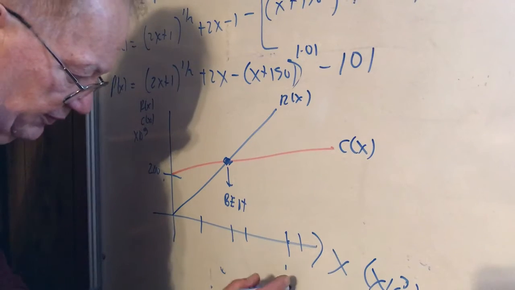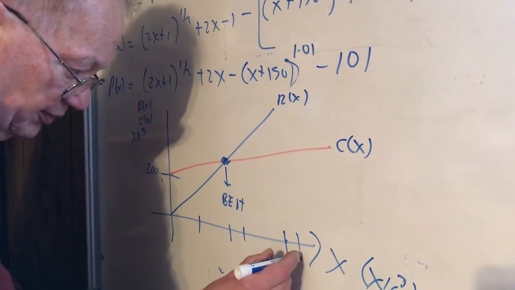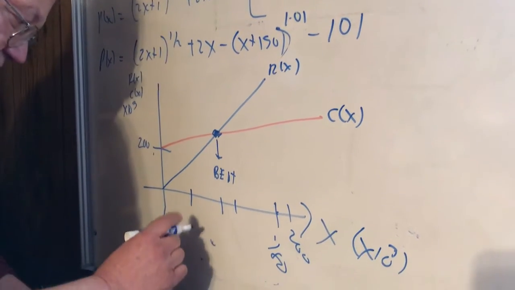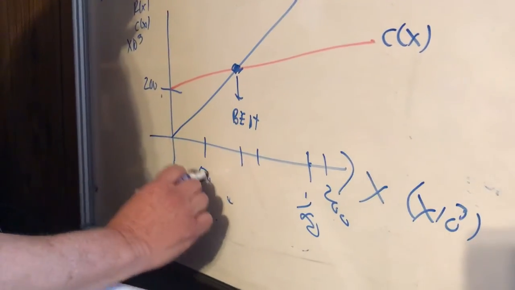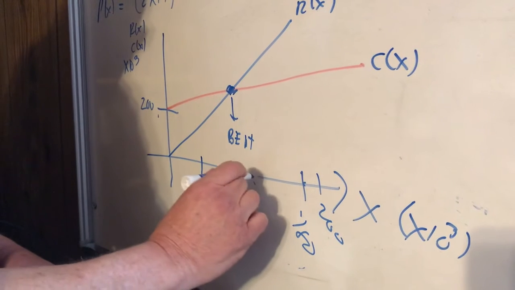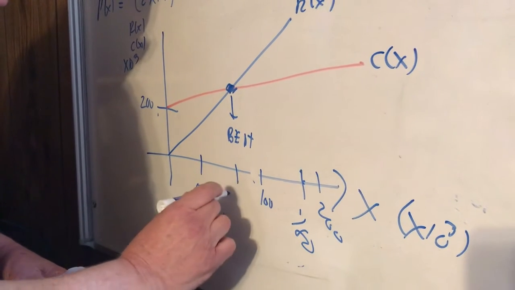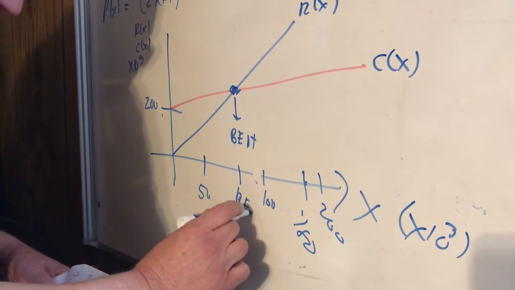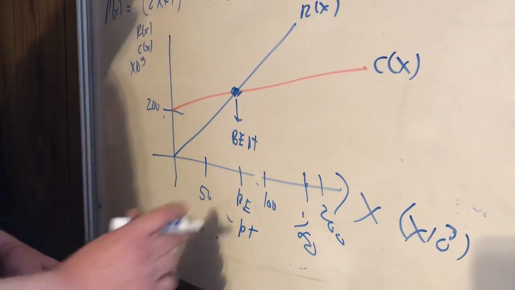It's tough to do this when you get to the bottom of this board. So this is 50, and this is going to be 100. This is going to be the break-even point. I don't know where it is, and I'm not worried about that right now.